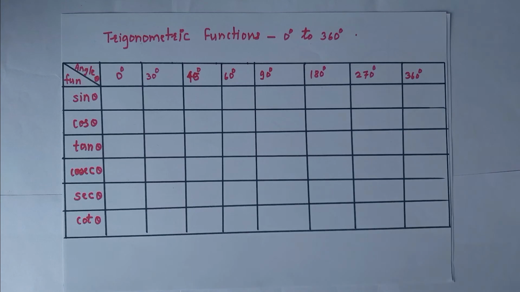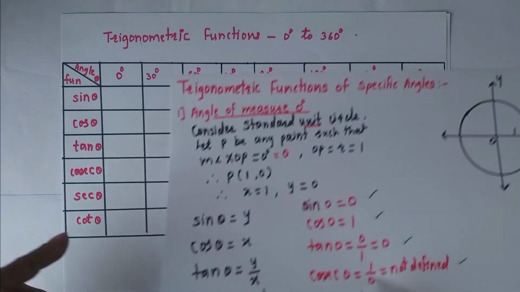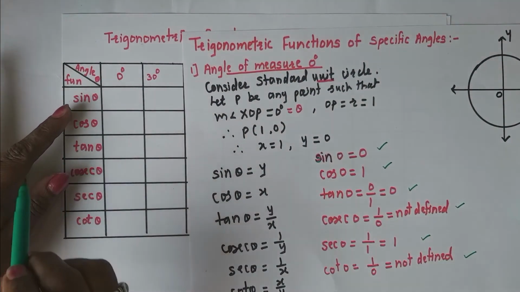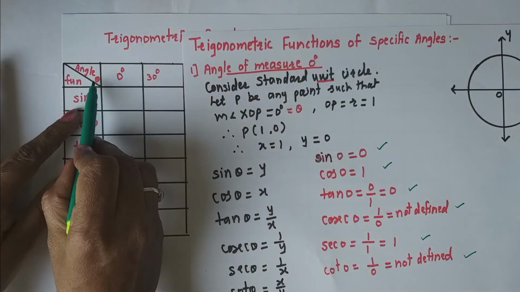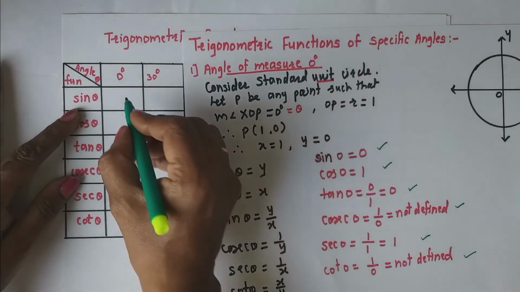Now all the values which we have got in this lecture, we will write down in this table. This is the trigonometric table having the values of all the 6 trigonometric functions from 0 to 360 degrees. Now see, in our first problem we got the values of 0 degrees, we will write them here. Sine 0, if the angle theta is 0, then what is the value of sine 0?